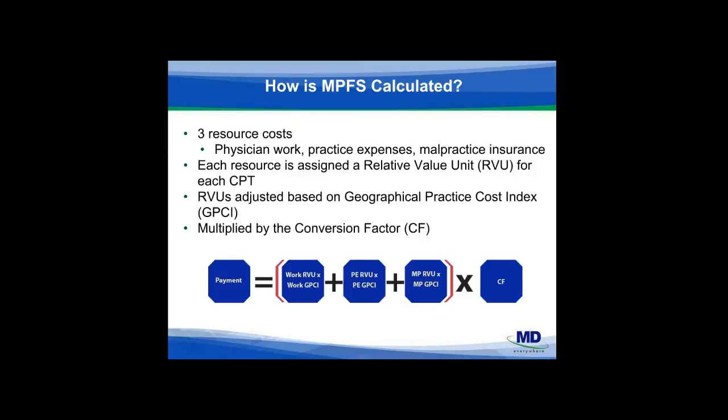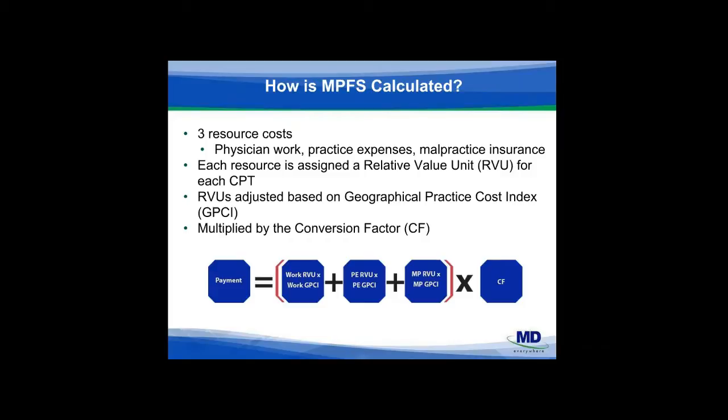Practice expense RVUs reflect the cost of maintaining a practice, such as renting office space, staff cost, equipment, and buying supplies. And the malpractice RVUs reflect the cost of the malpractice insurance and the risk and sensitivity of providing the individual service. These RVUs are then adjusted by a geographical practice cost index, more commonly known as a GPCI.